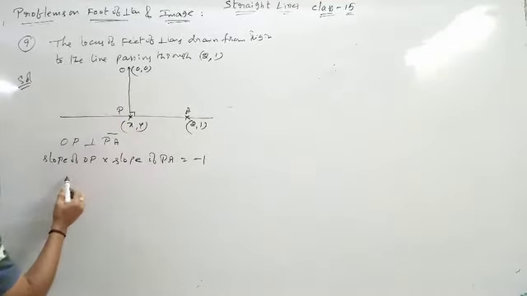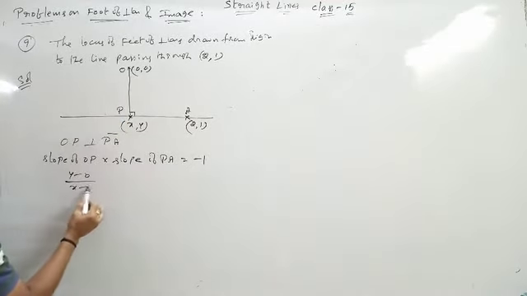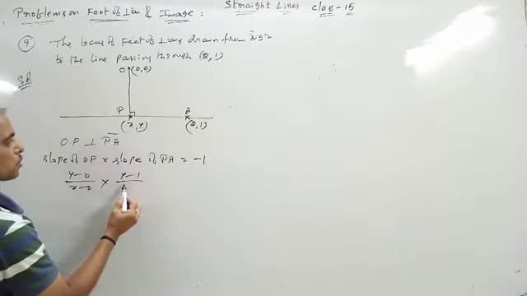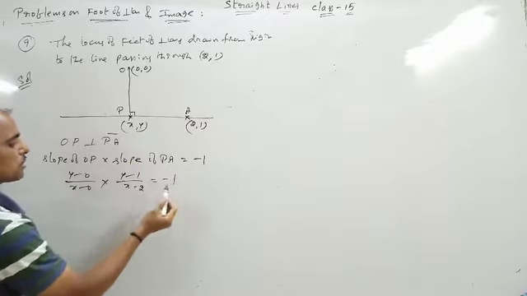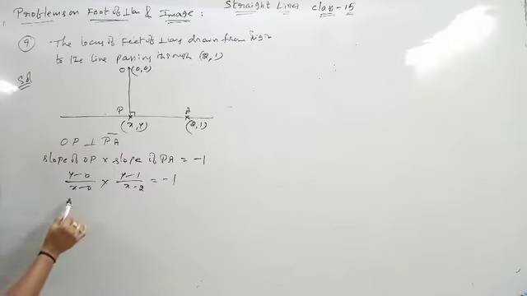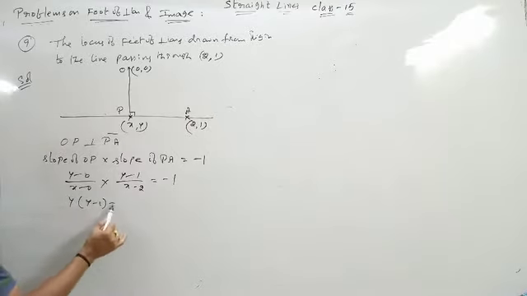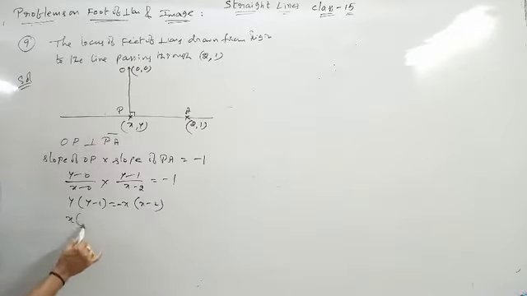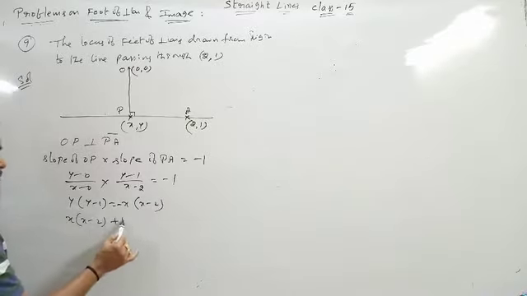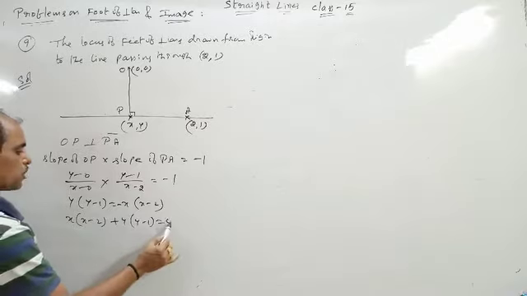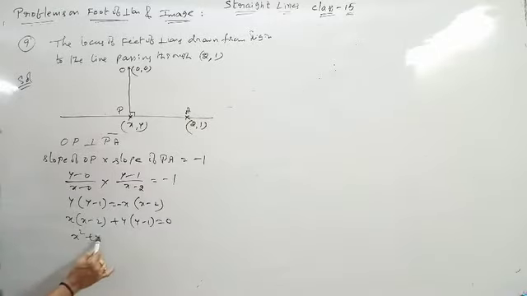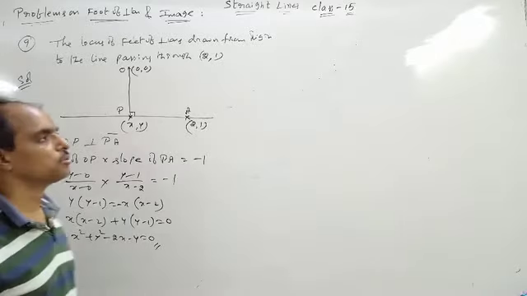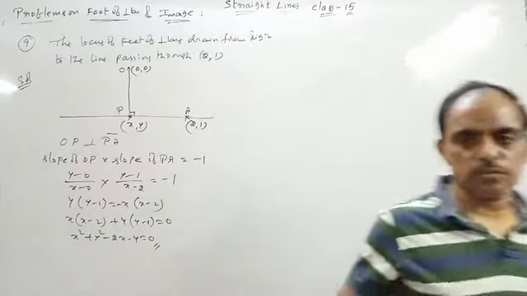So slope of OP is (y minus 0) by (x minus 0), into slope of PA, (y minus 1) by (x minus 2), which is equal to -1. Now y of (y minus 1) is equal to minus of x into (x minus 2). So x(x minus 2) plus y(y minus 1) is equal to 0. So x square plus y square minus 2x minus y is equal to 0. So that will be the locus of this one.